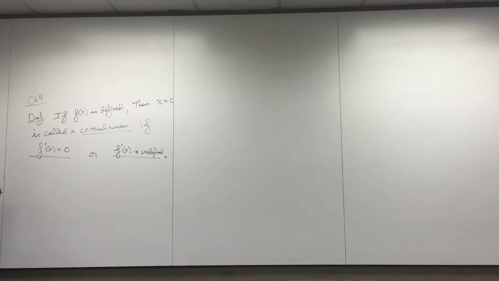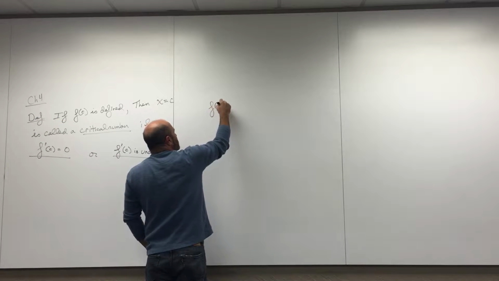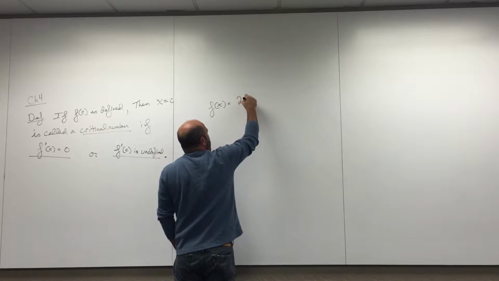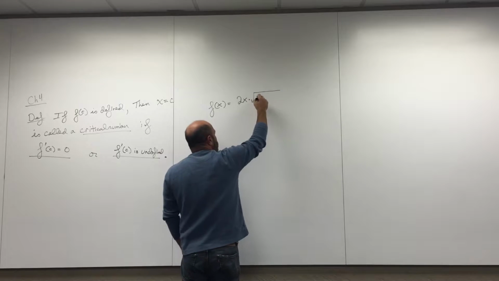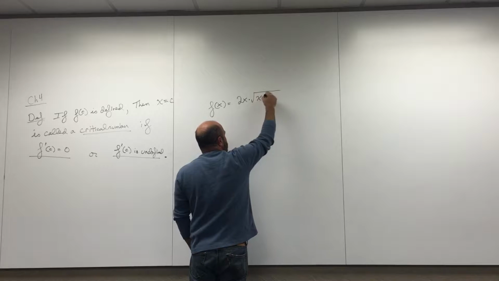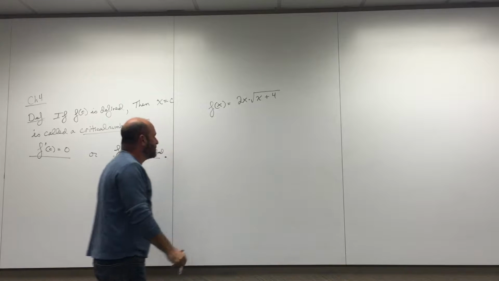Let's just see if we can find any critical numbers. Watch this. Here's a function: 2x times the square root of x plus 4. I think we can find some critical numbers.